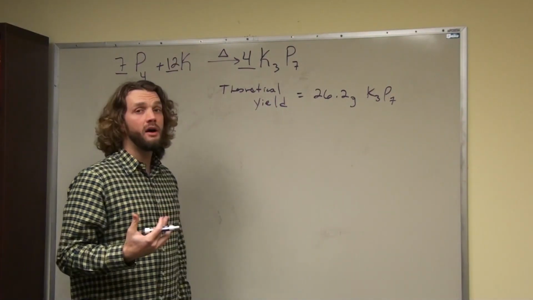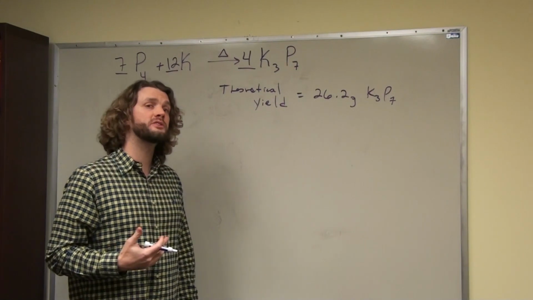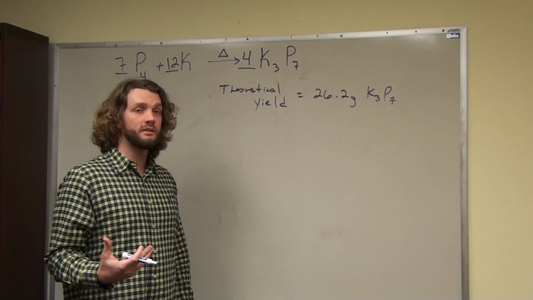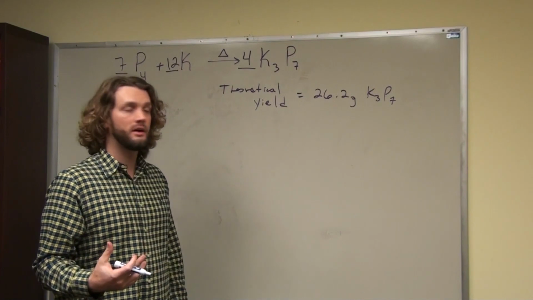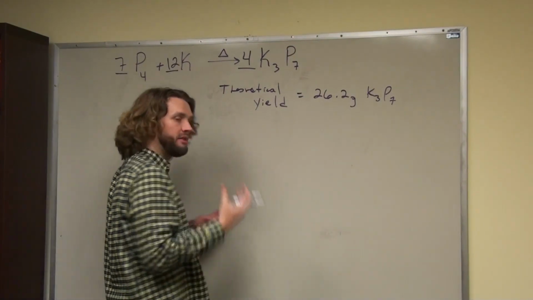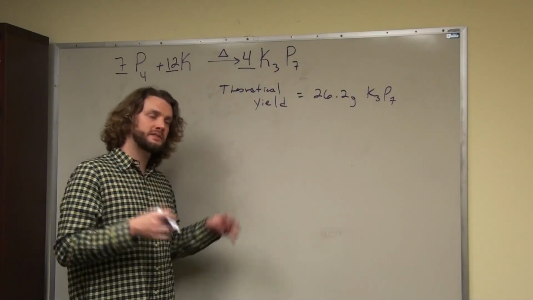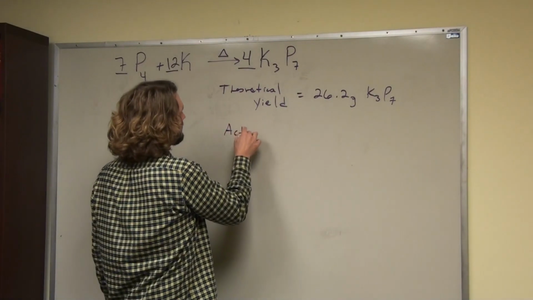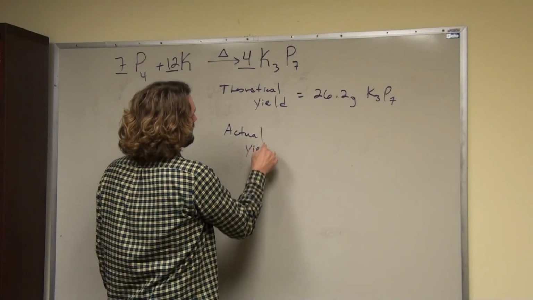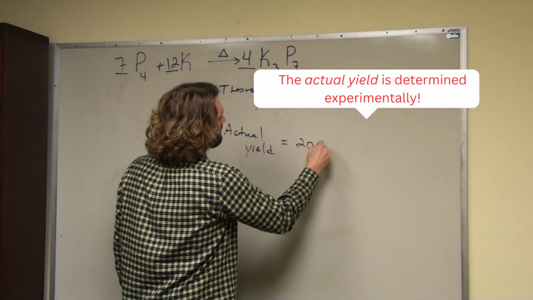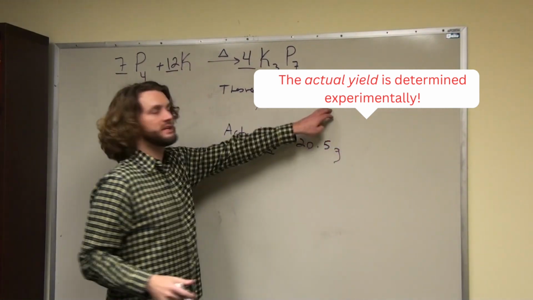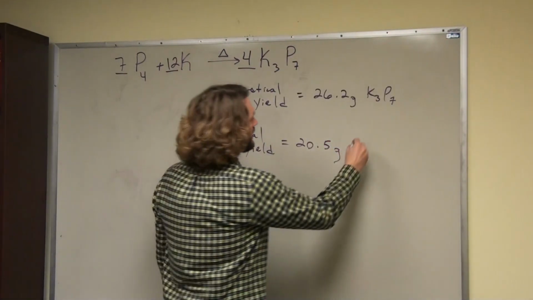So what we want to do now is determine the percent yield of this reaction if we actually isolated 20.5 grams of product. So we ran the reaction, we worked it up, isolated our product, and found the actual yield was 20.5 grams out of the 26.2 grams possible.